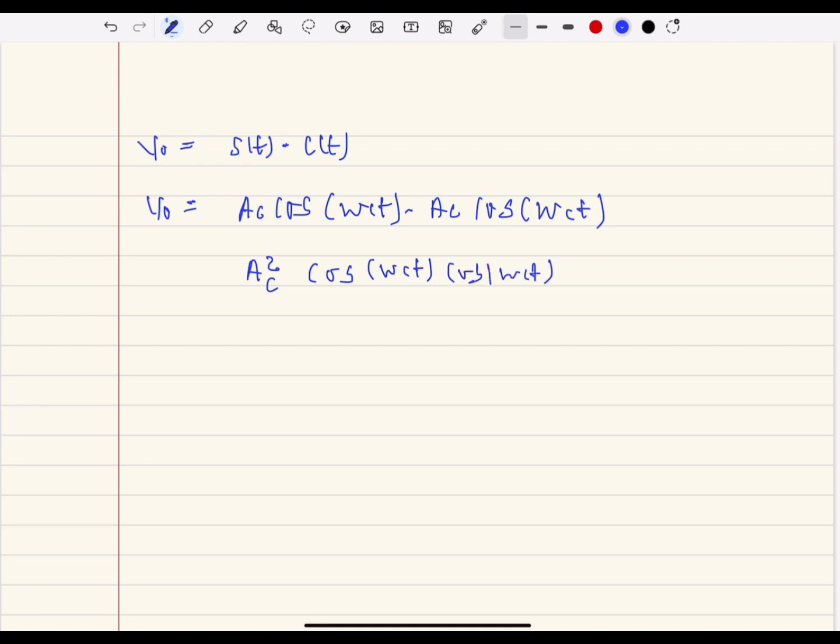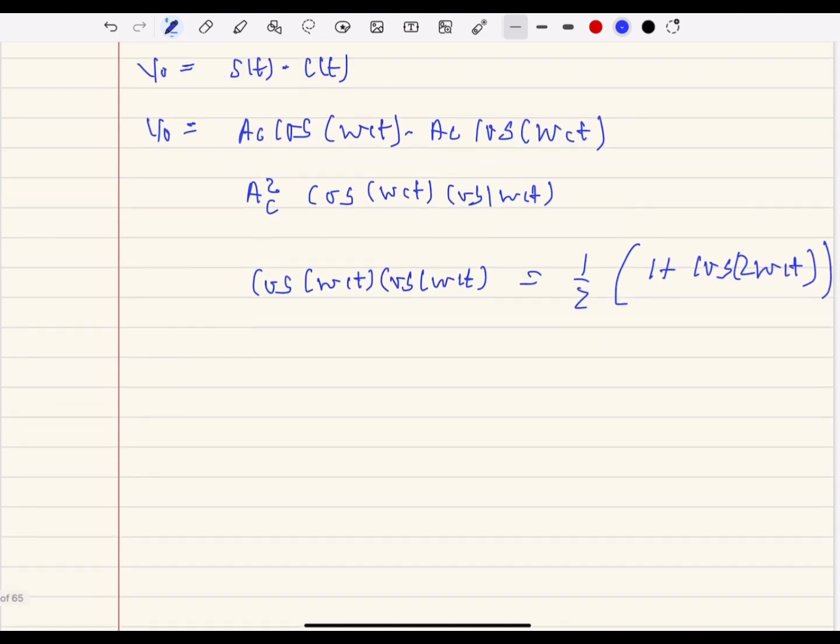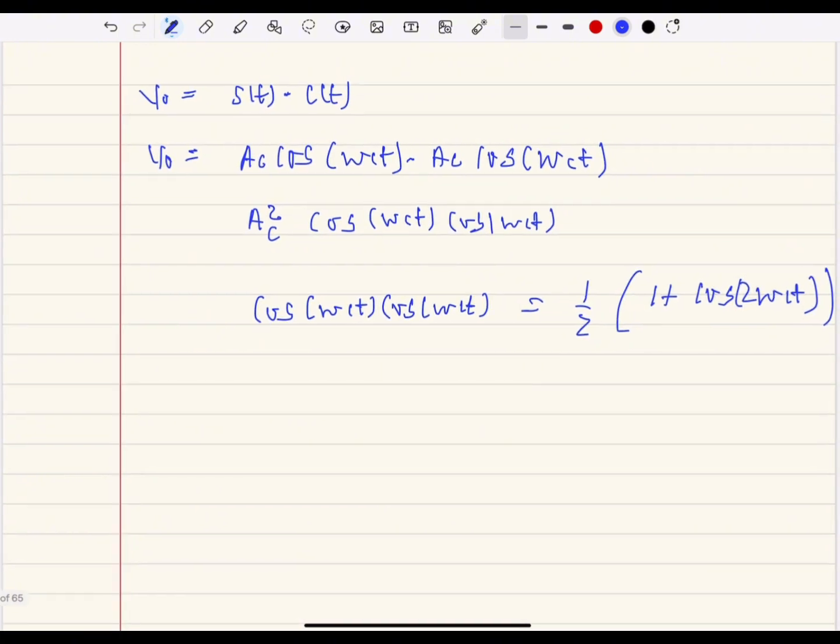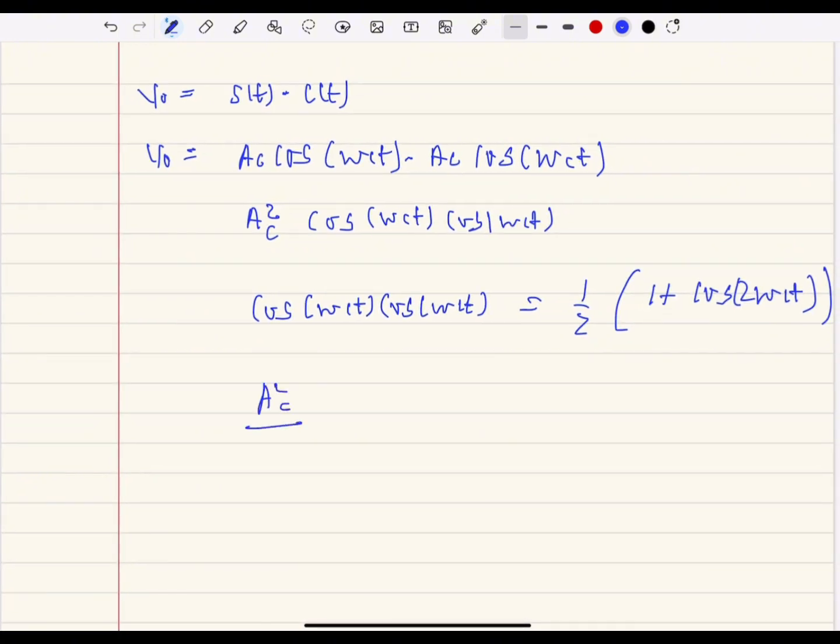And we all remember that during one of my tutorials, cos omega ct cos omega ct was equal to 1 over 2 into bracket 1 plus cos 2 omega ct. And in expanding it, we are going to get A squared c over 2 multiplied by 1 plus cos 2 omega ct.